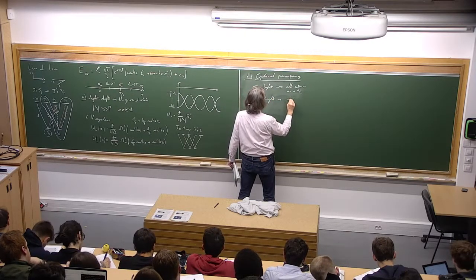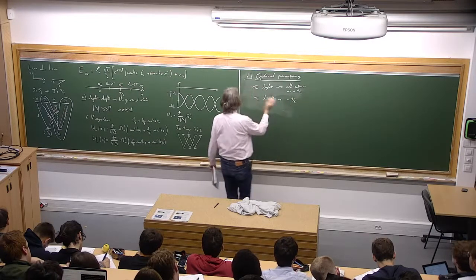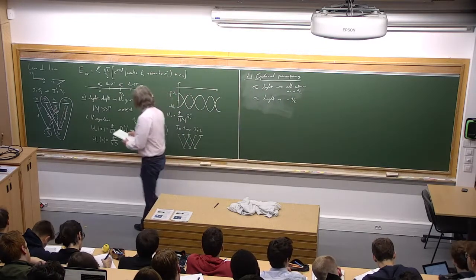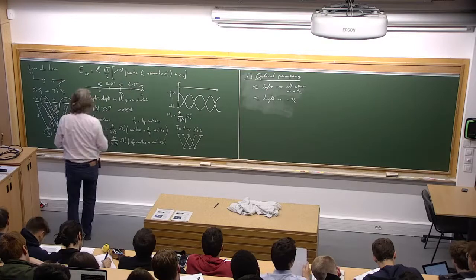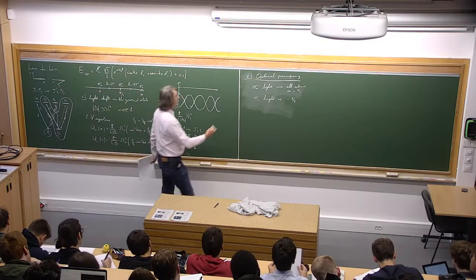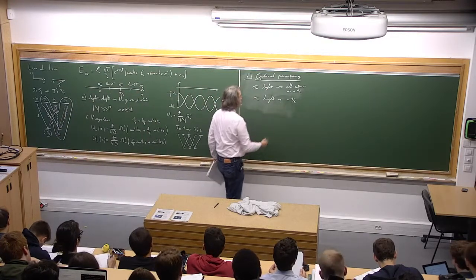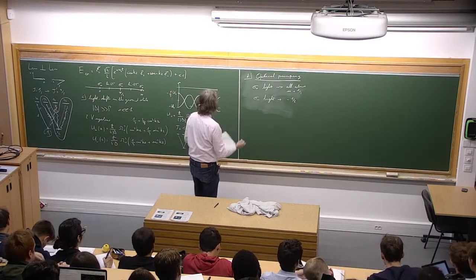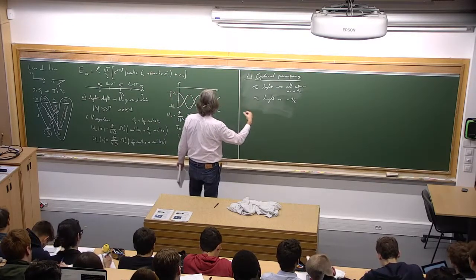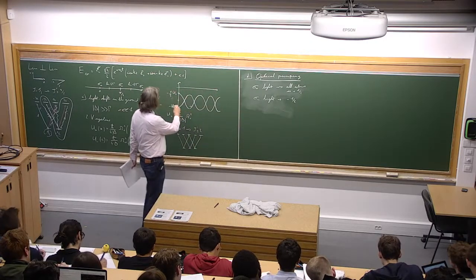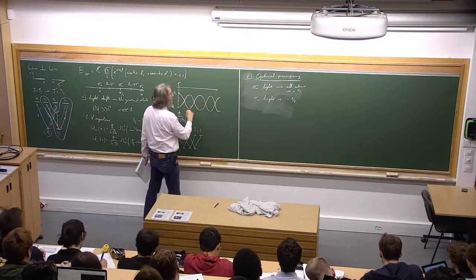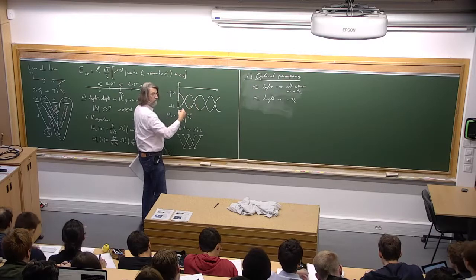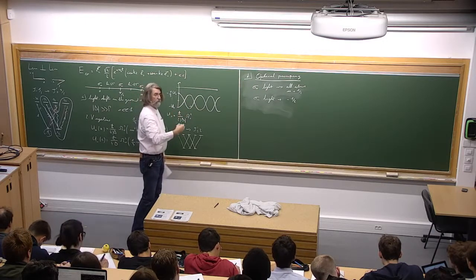In fact, at this point, you just swap the role of the two levels, and the atom goes into the minus 1/2 level. So in fact, you have a strong coupling between the light shift and the population of the levels.